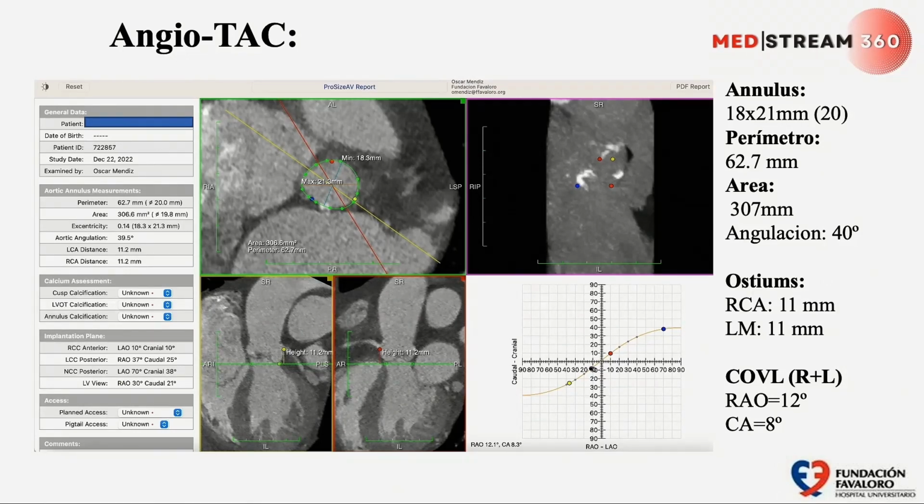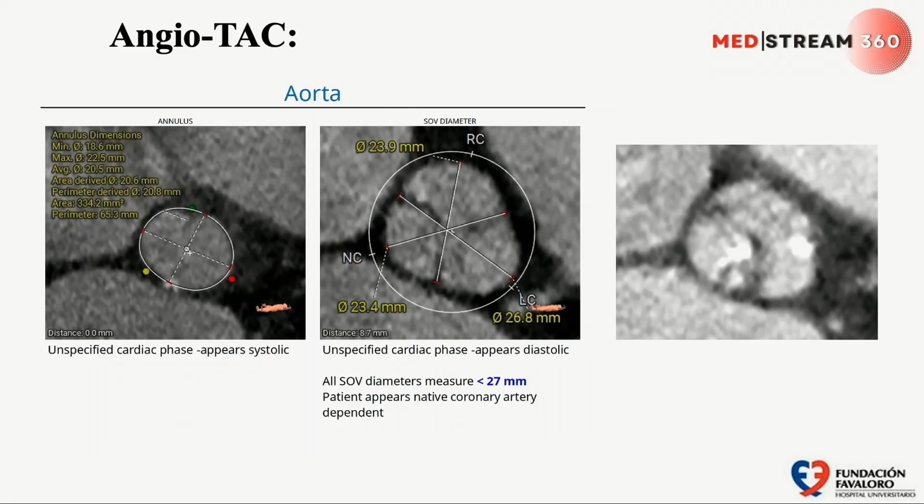The ostium height is 11 and 11. And there we found a projection for the right and left cusp overlap of right oblique 12 and caudal inclination of 8. We also observe here the smaller sinus, no significant calcification in these leaflets.